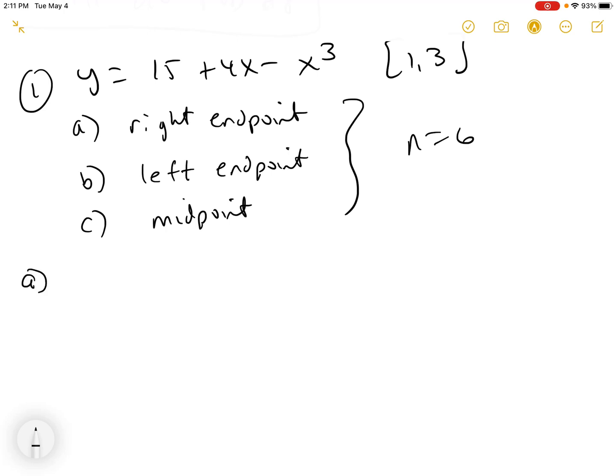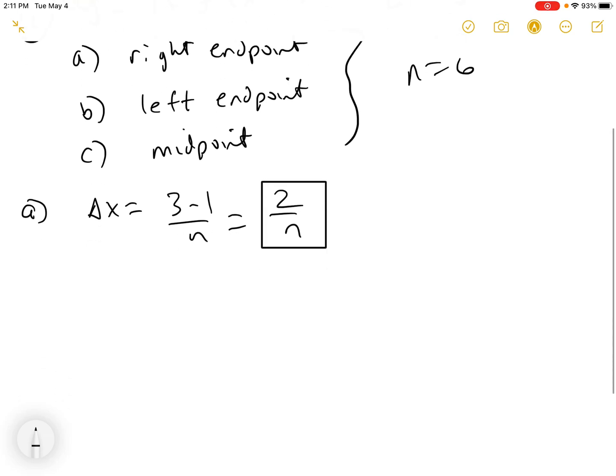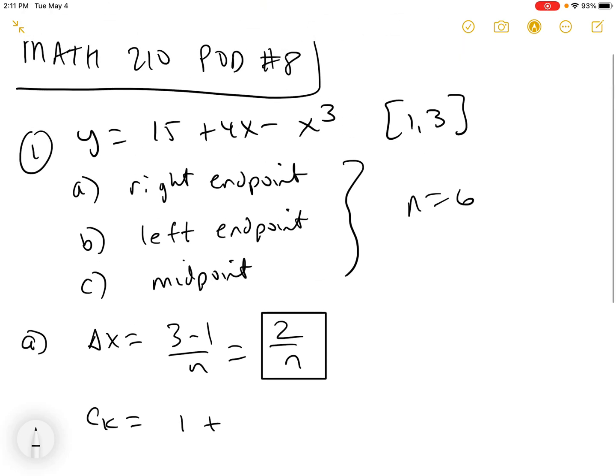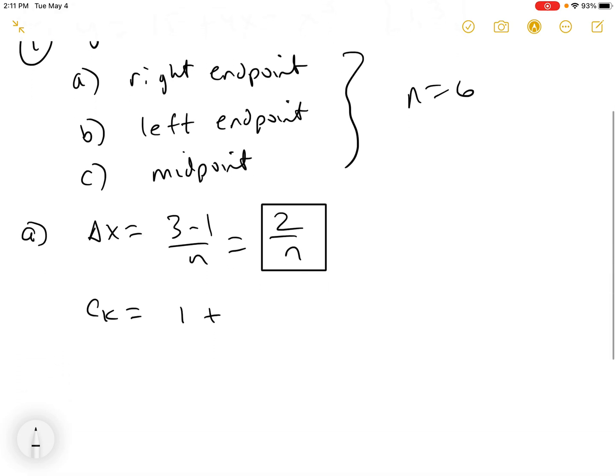This is for A. Delta x is going to be (b minus a) over n, which is (3 minus 1) over n, and that's 2 over n. Since it's the right-hand endpoint, c sub k is a, which is 1, plus k times 2 over n, so 2k over n.